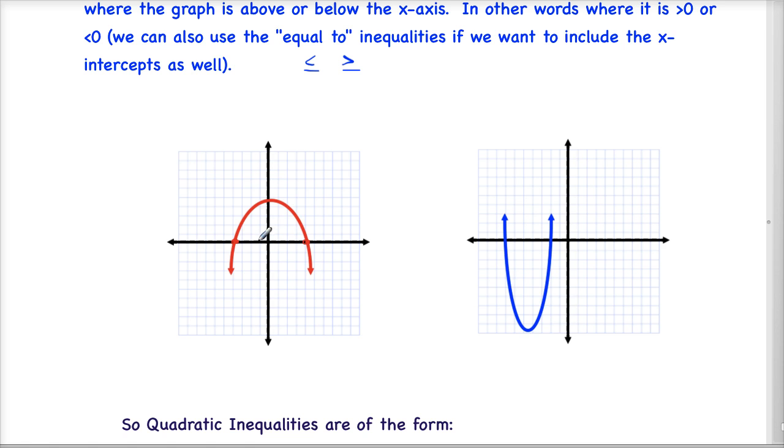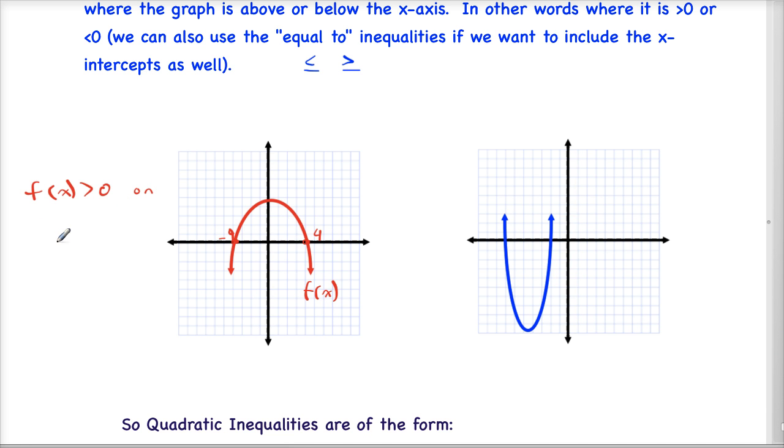So in this case, let's take a look at this and find out these values. So I have negative 1, 2, 3, 4. So it equals 0 at negative 4. Then 1, 2, 3, 4 over here. So my zeros, or my x-intercepts, are negative 4 and 4. So if this is, we'll call this f of x, I can say that f of x is greater than 0 on the interval.